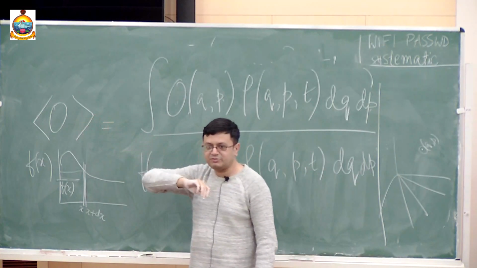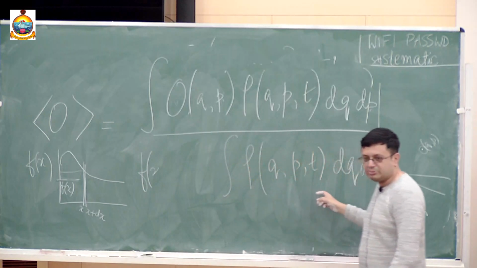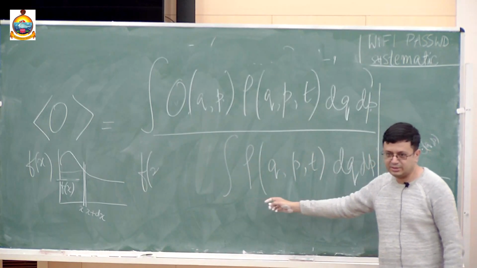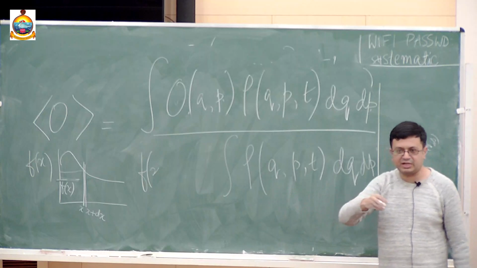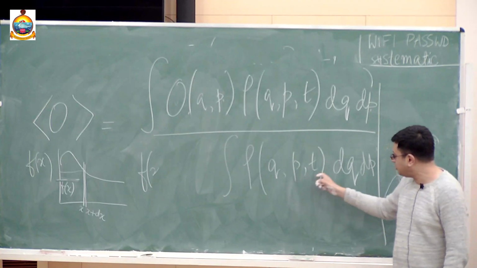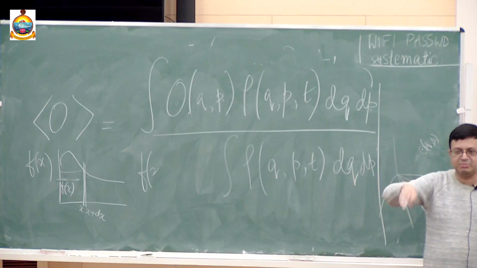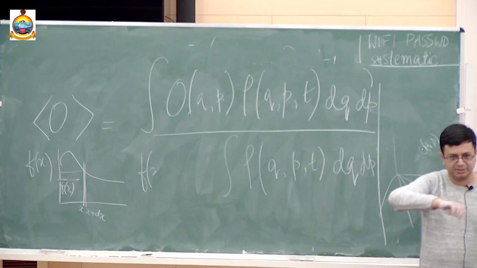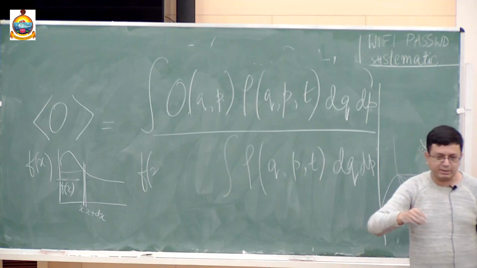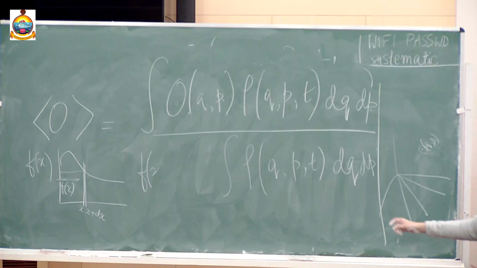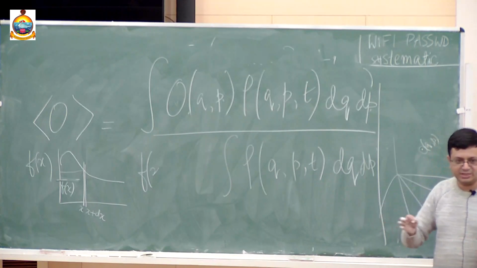I have to divide by the total number of points in the whole phase space. By the way, I forgot to mention, the integral of rho qpt dq dp gives me the total number of points in the phase space. I can normalize rho qpt in such a way that this is 1.